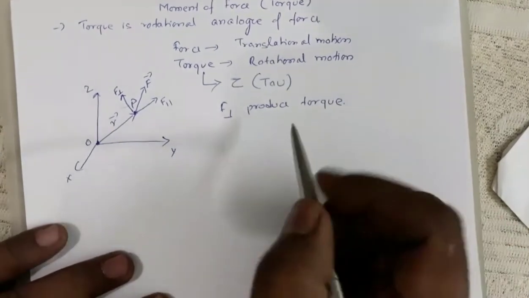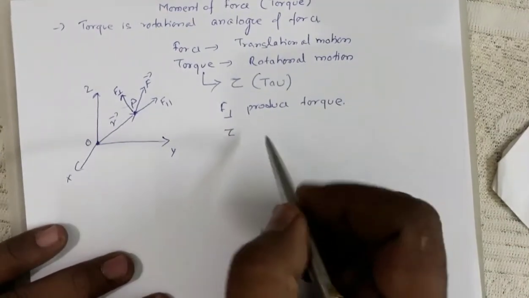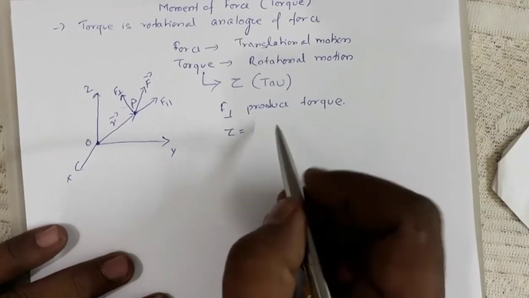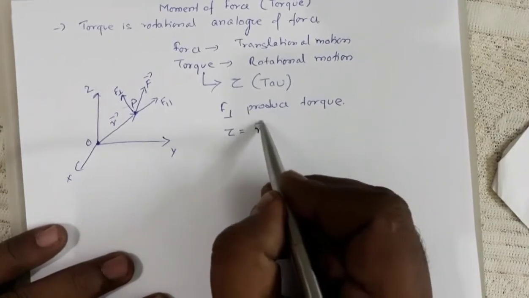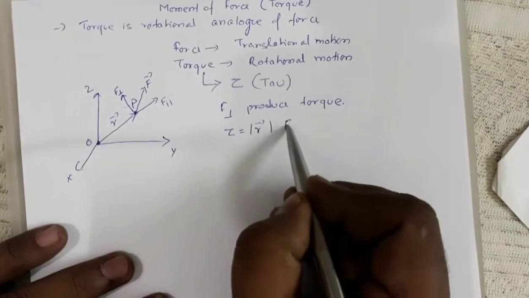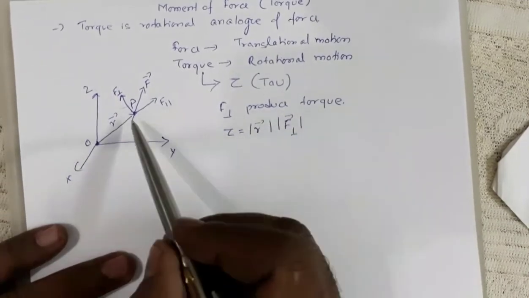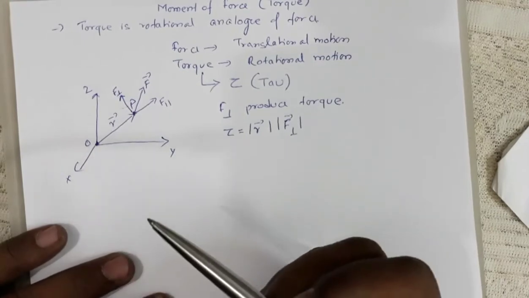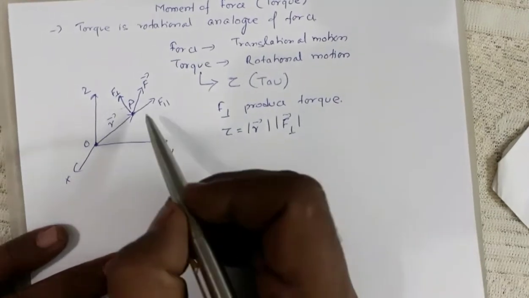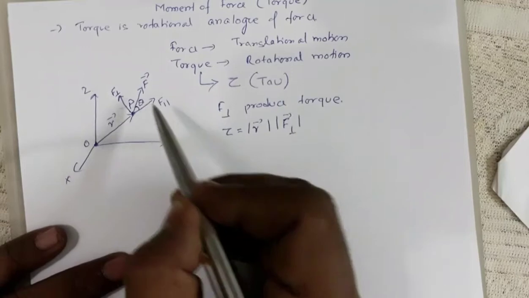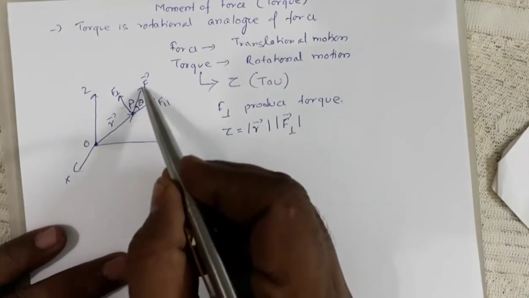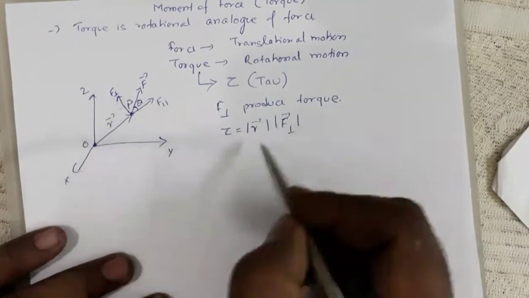Now how do you measure it? Torque is the product of the magnitude of r and the magnitude of the component of force perpendicular to r. If this angle is theta, this is F, this will be F cos theta and this will be F sin theta.